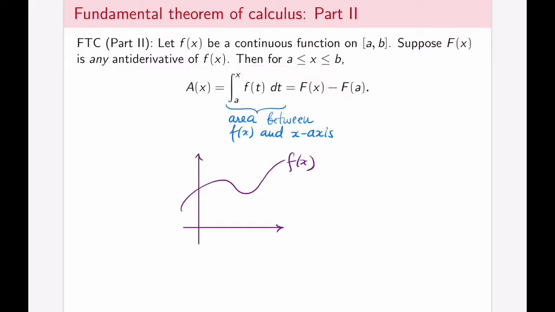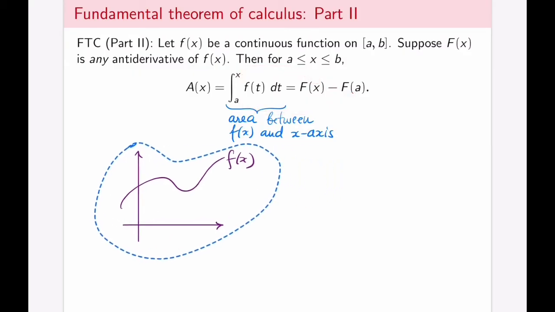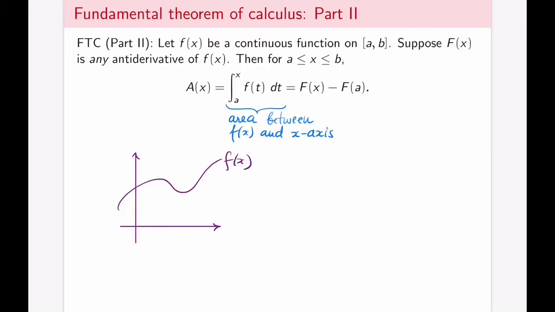Let's see if we can somehow justify this using the graph. So what I have here is left endpoint a and right endpoint x. This is the area between the function and the x-axis between a and x by the definition of the definite integral. If I have the value for the antiderivative, any antiderivative, recall that they only differ by a constant, what this is saying is that I can calculate the area by calculating the area at x minus calculating the area value at a.